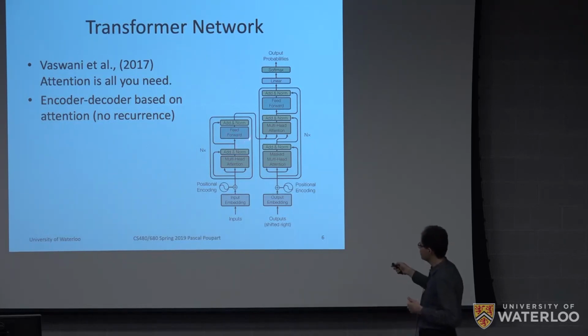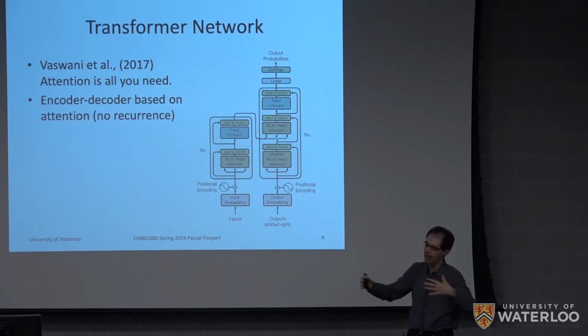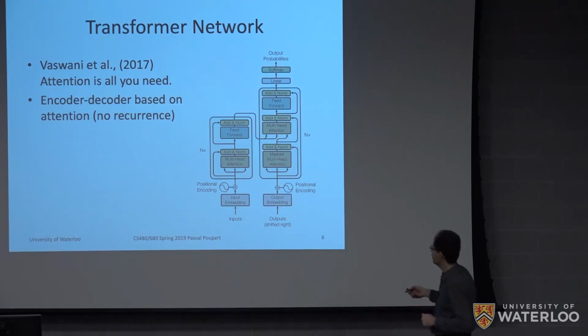Then we feed this into a feed-forward network. There's again a residual connection and then a normalization. So this block is repeated n times so that then we can combine not just pairs of words, but pairs of pairs of words and so on. So that eventually you see you can combine together all the words in the sentence.